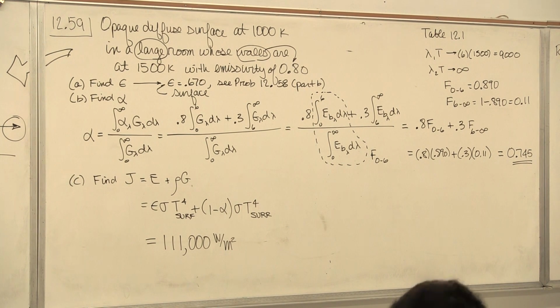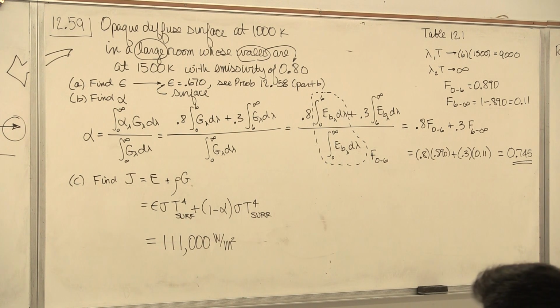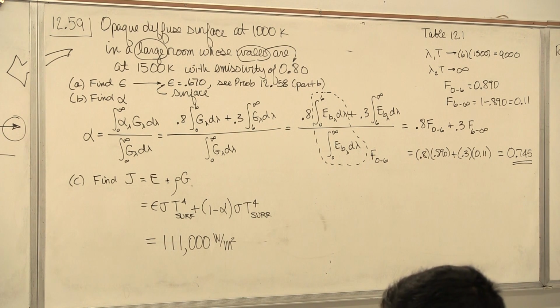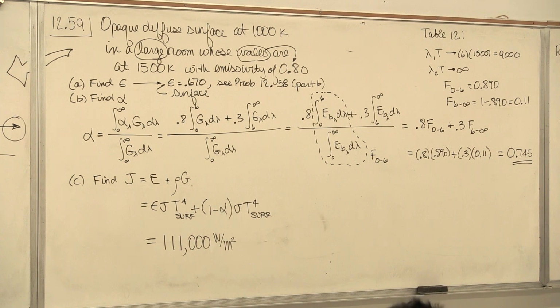You can see the contrast of these two problems I put on the board. The first problem, somebody can give you a graph of epsilon or alpha or rho or tau. Then they'll give you a graph of the incoming irradiation G. They won't tell you the temperature of the surroundings. They won't say it's a small object in a large room.